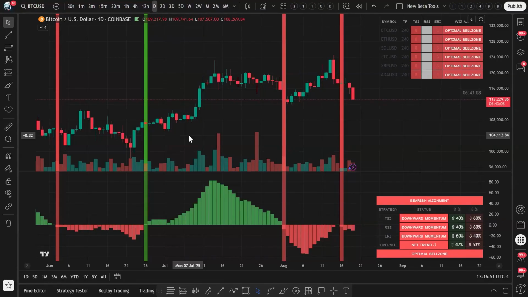What is this? Well, what I wanted to show is that this is a great way of using the technology, the AI inside TradingView, and three of my favorite chart overlays with the Crypto Mastery: the TSI, the RSI, and the ERI.